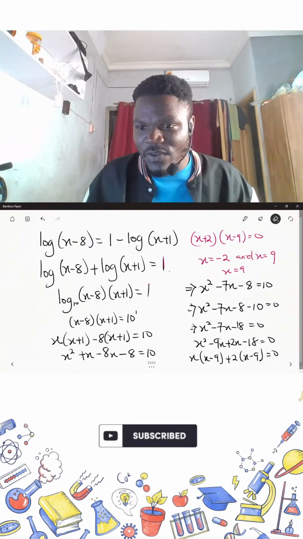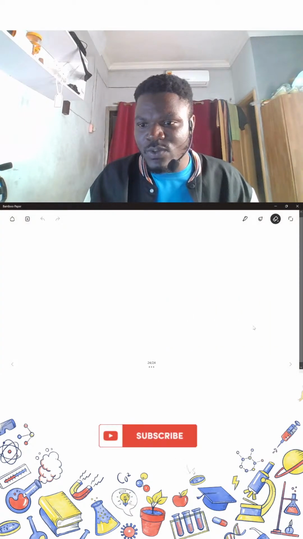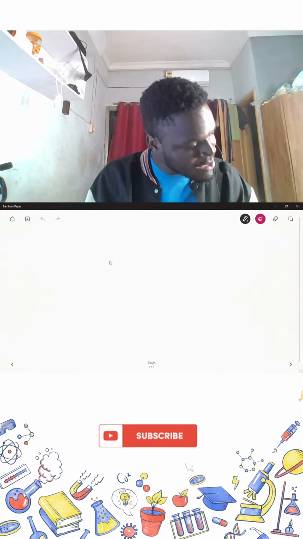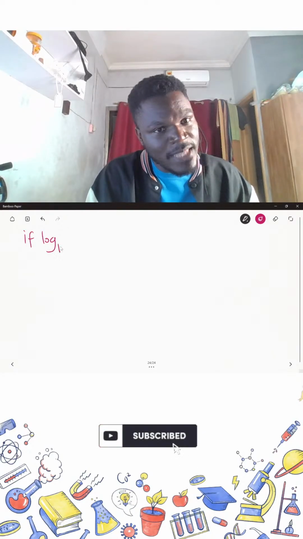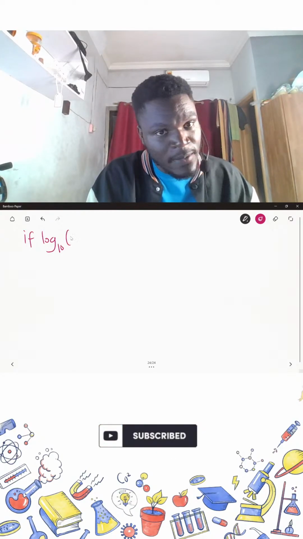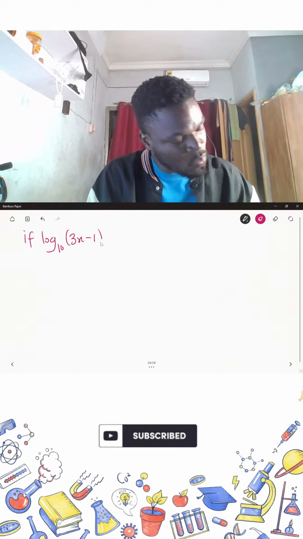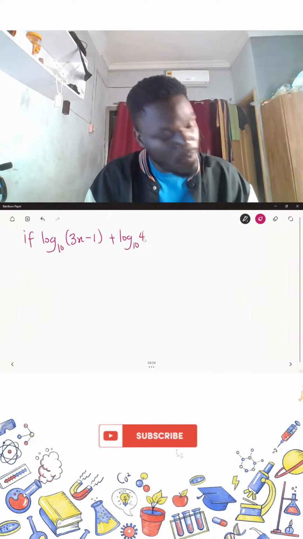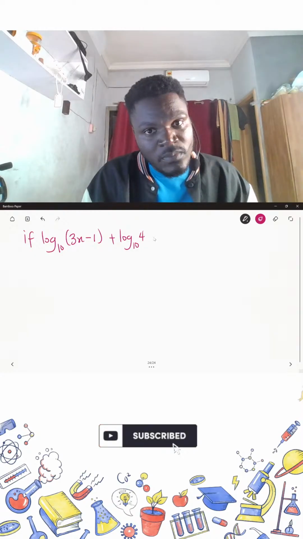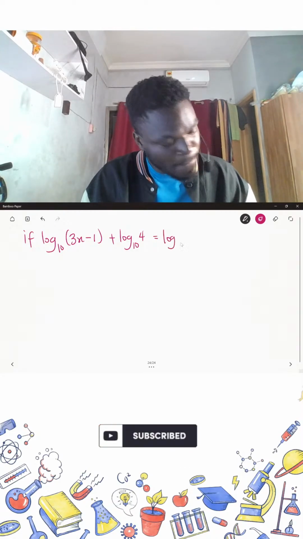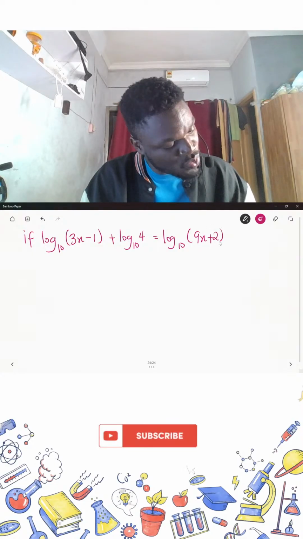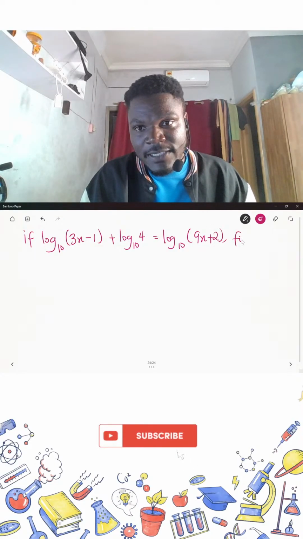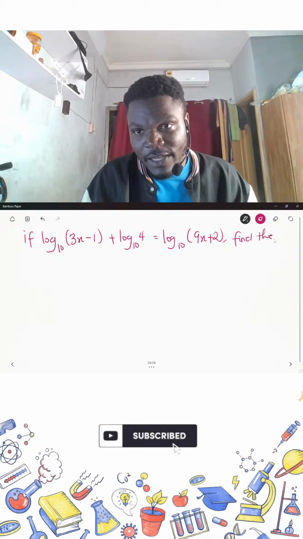Okay, let me give you a very interesting question as the last question for today, and then we will end the stream. So we have here, if log base 10 into bracket 3x minus 1 plus log base 10 4 is equal to log base 10 9x plus 2, find the value of x.